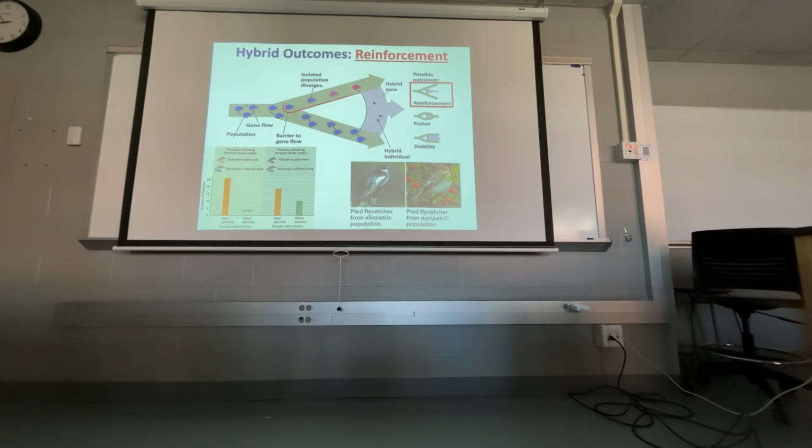Now, if something happens here to form a barrier to gene flow, a mountain range, or some sympatric sexual selection event, right? That happens, for example, in birds, like these guys down here, would separate one of these populations from the other 2.